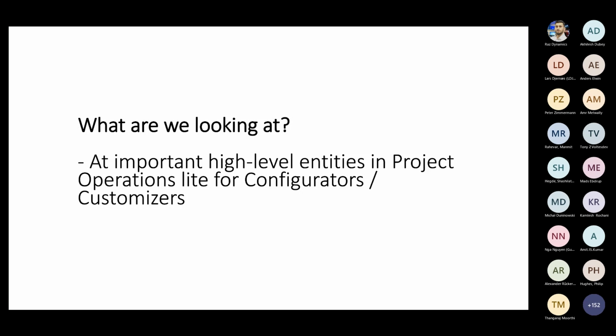All right, so let's start with the first thing. Let me highlight again that what I'm focusing on is a Lite deployment, meaning project operations comes with three different types of deployments.